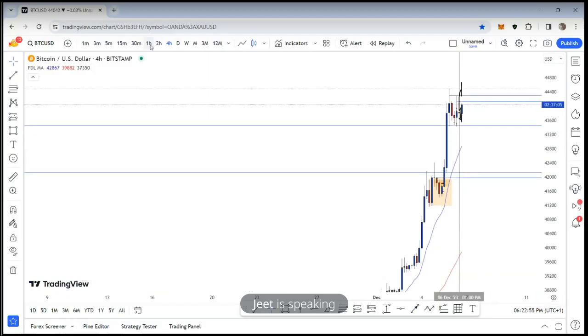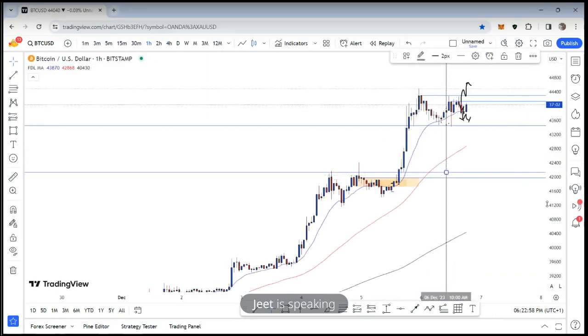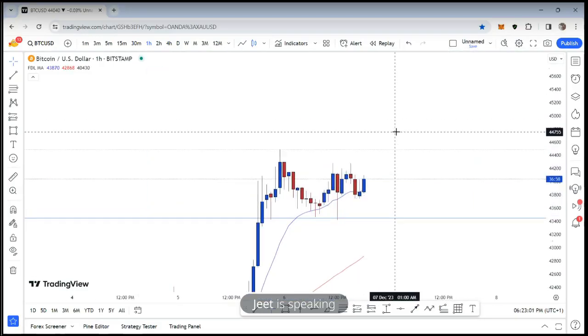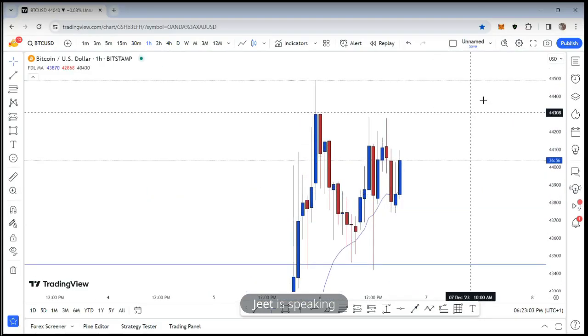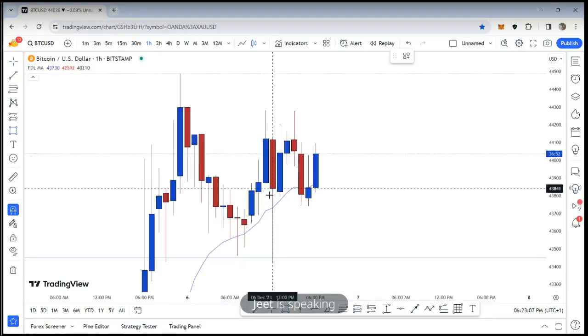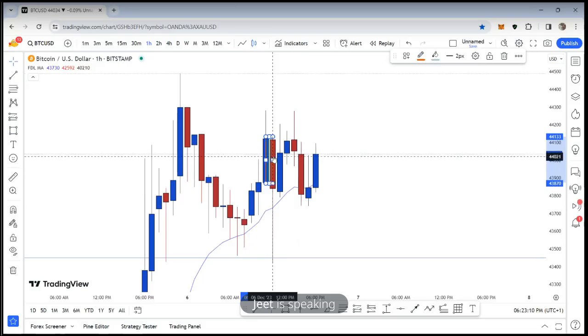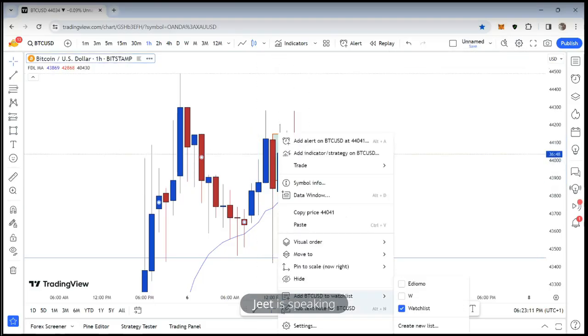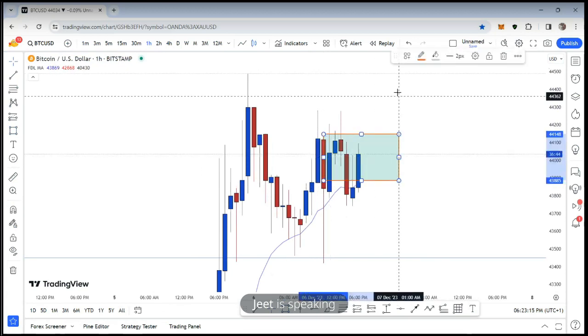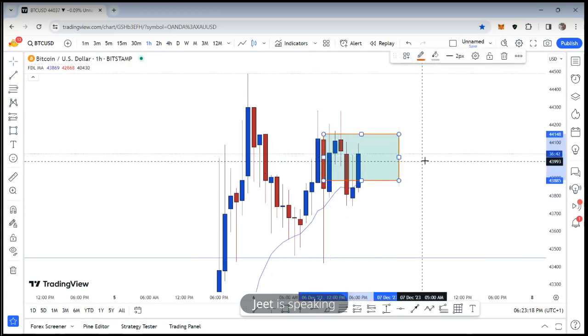There was a zone I wanted price to break on BTC. I wanted price to break this zone right here, but price did not break that zone.